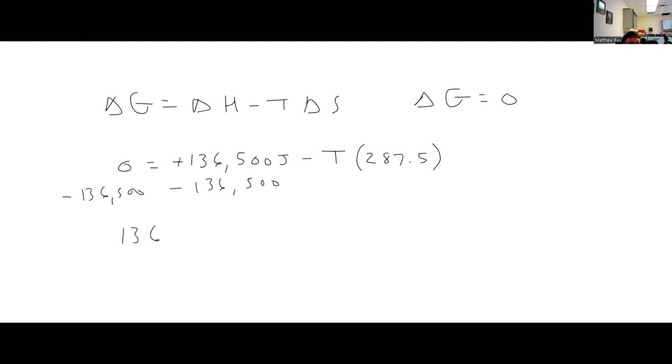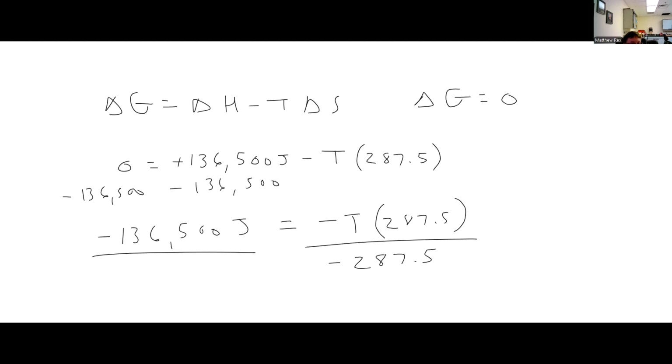So I get negative 136,500 joules equals negative T times 287.5, and then divide both sides by negative 287.5. And we get 474.8 Kelvin. So the answer is 475. Once you go below that, it will become non-spontaneous.